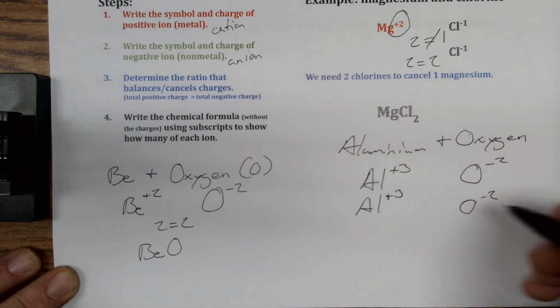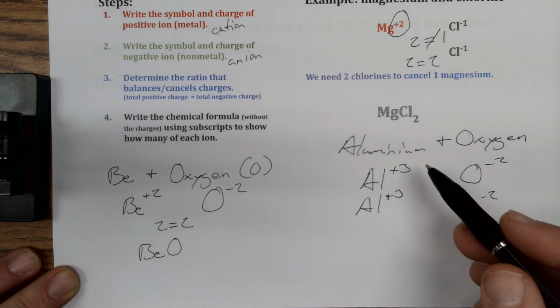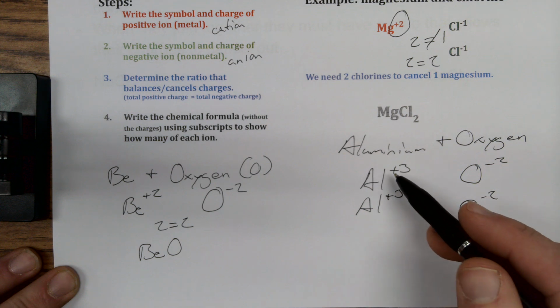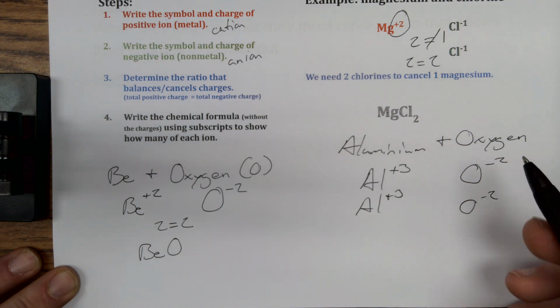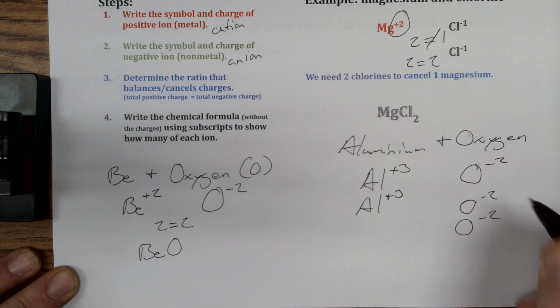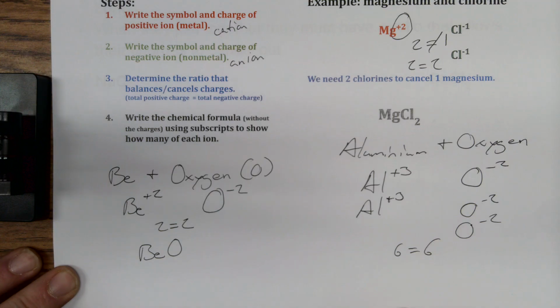Now I'm at 6 and 4. Does 6 equal 4? Which one do you think I need to add more of? The oxygen. O -2. 6 and 6. 6 equals 6, right?